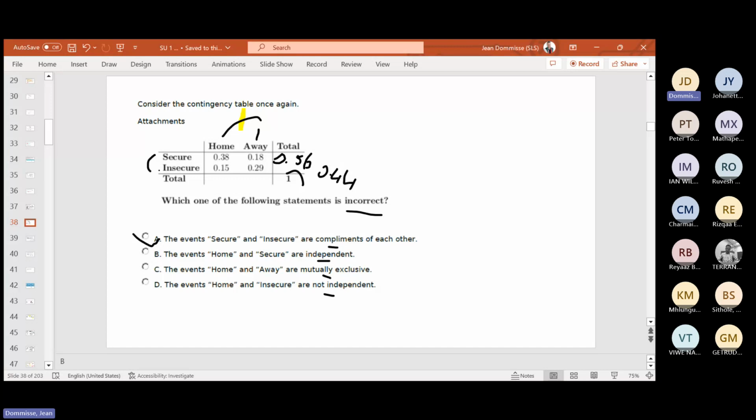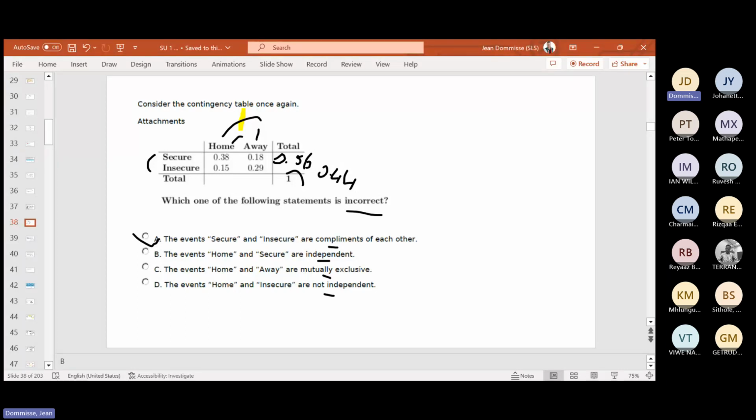Can you feel secure and insecure at the same time? No. Okay, so if you look within the variable that was home and away, those two are mutually exclusive. If you look at between secure and insecure, those two are mutually exclusive, but secure and home is not mutually exclusive, because you can be secure and at home, because there is 0.38 or 58% of the time happening.